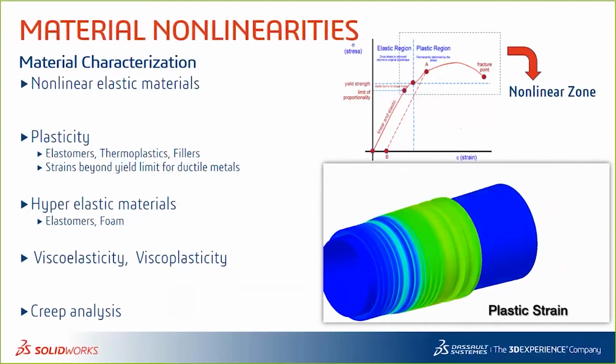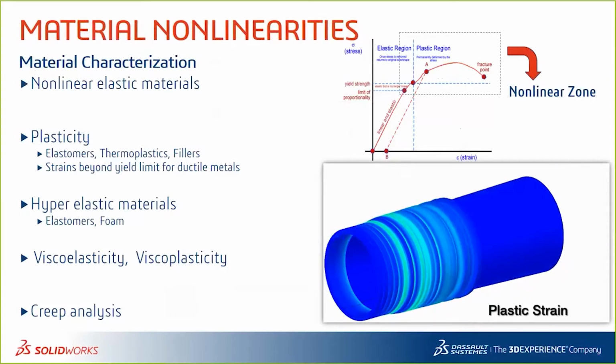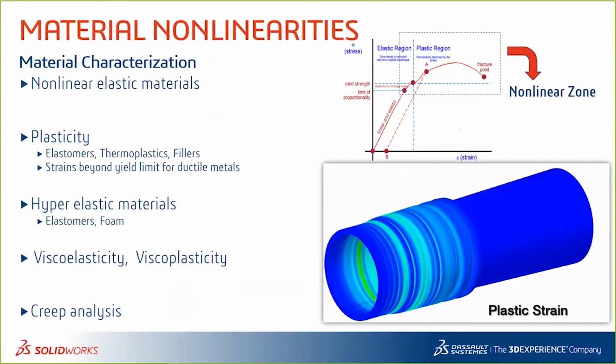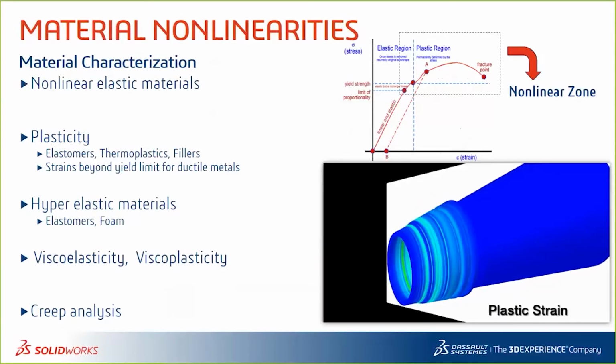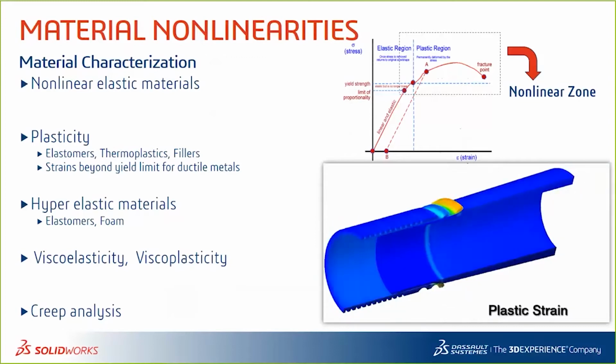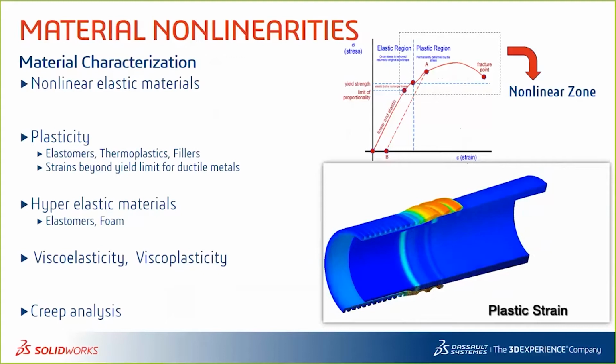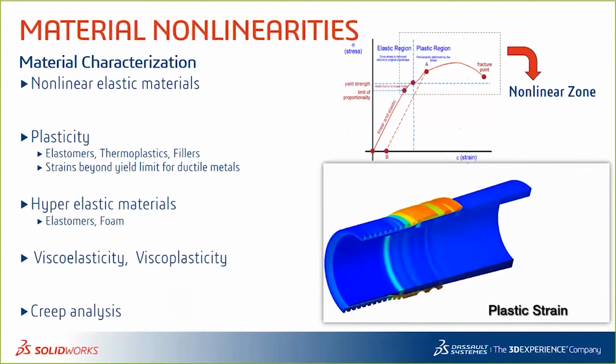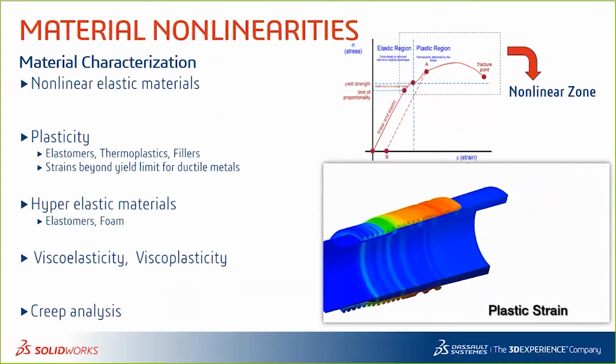As we all know, additive manufacturing uses parts that behave in a plasticity manner, and to be able to validate these types of analysis of 3D printed parts, we typically would use a nonlinear analysis.